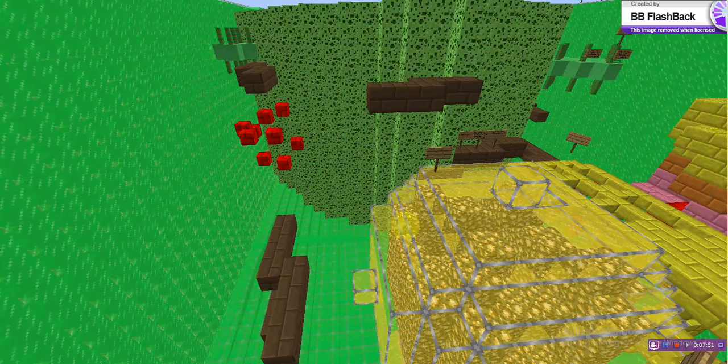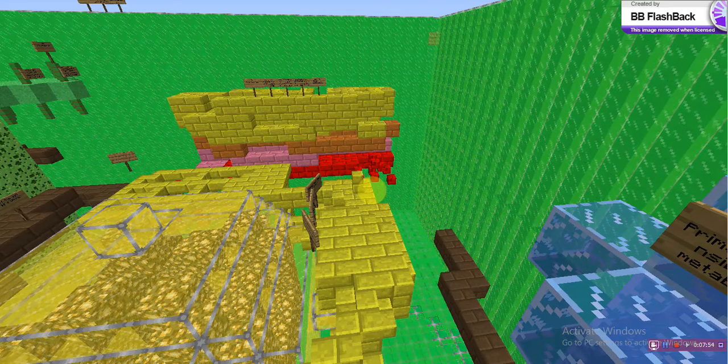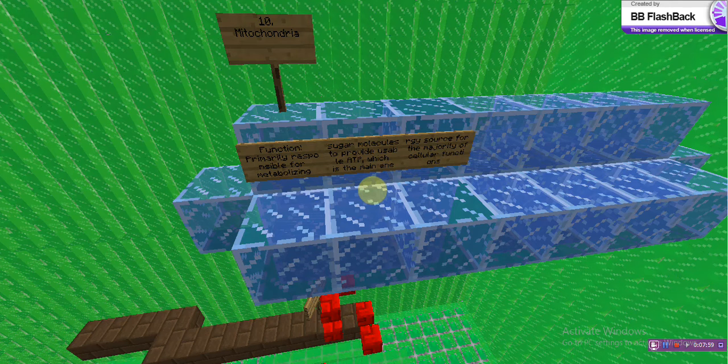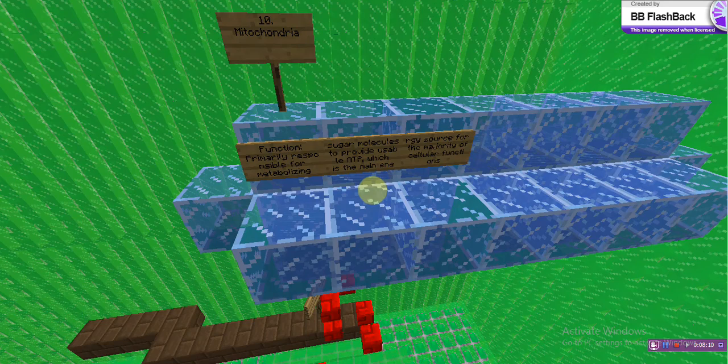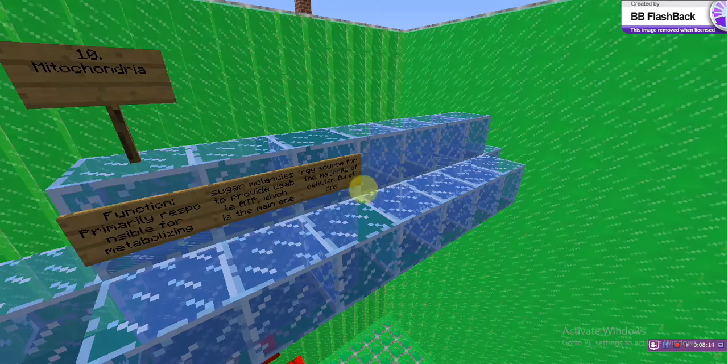It's basically making all of this stuff work by transferring the sugars into a usable energy source within the cell. It's like when you take a transformer and transform energy, from 20 volts to a normal 12 volt battery for a computer. That would be what this is doing. It's basically a transformer for the cell.